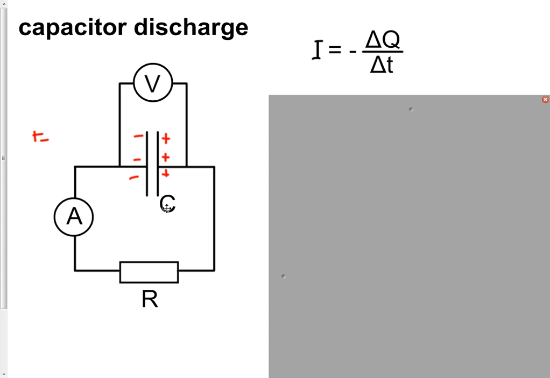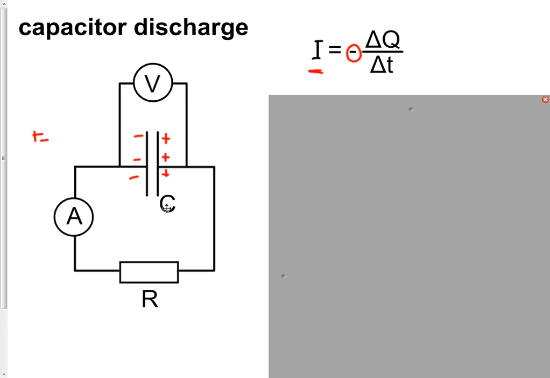It's going down because electrons are flowing around the circuit and then cancelling out positive charges on the other side. So there's a minus sign here to show that when we've got a current flowing, there's a negative rate of change of charge on the capacitor, so the amount of charge on the capacitor is going down. And the faster that charge goes down, the greater the current. So that's the first equation.